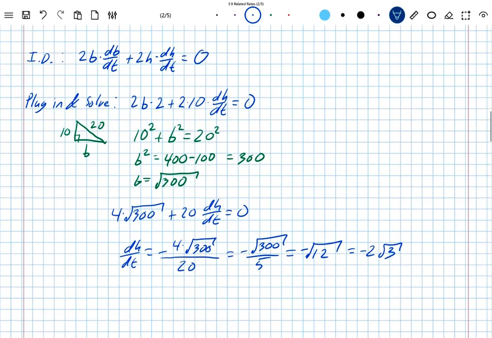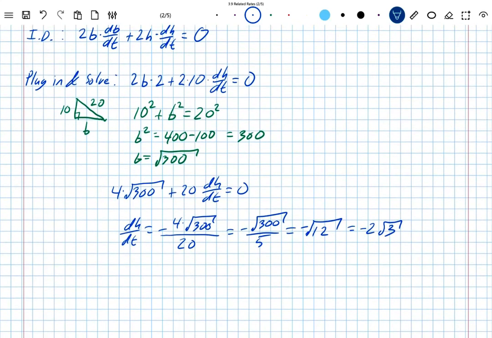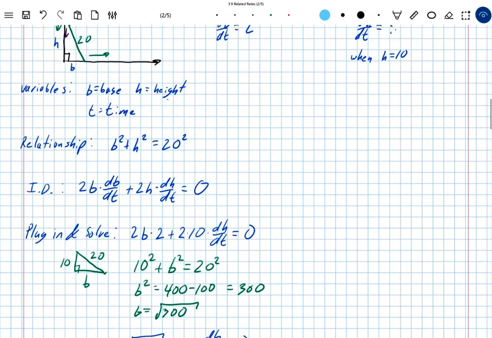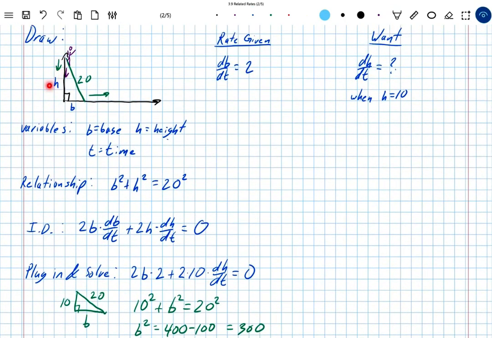What this is telling me in words is that, oh yeah, at that time, I'm falling at 2 root 3 feet per second, which is actually quite fast. Now you ask, Austin, what about the negative? Well, let's think about this for a second up here in my model. H is getting smaller. That's why it's negative.